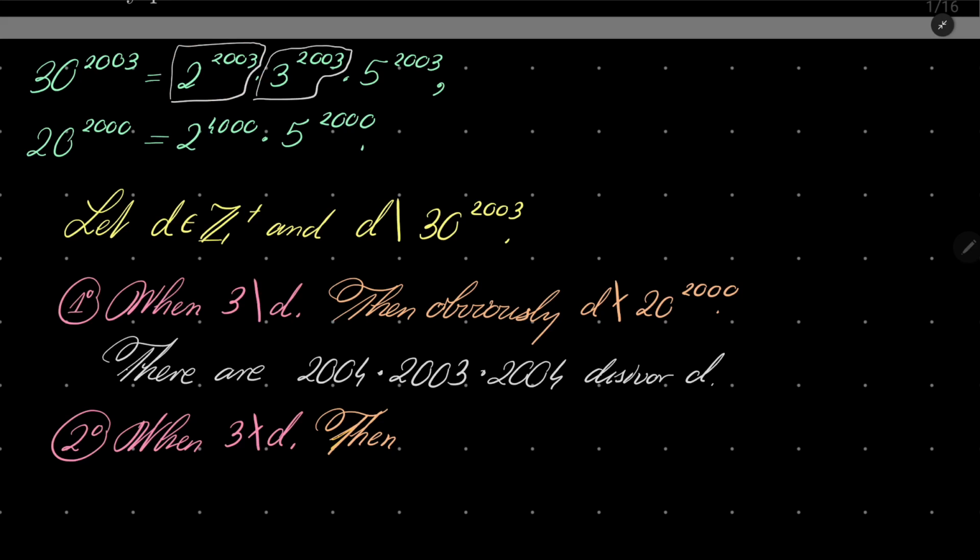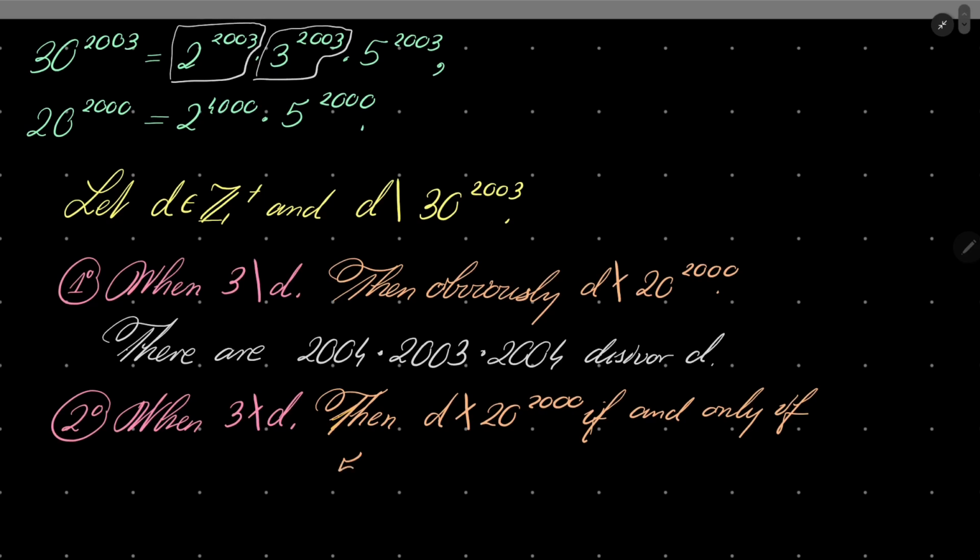So the only possibility that this number D does not divide 20 to the power 2000 is that we have a higher power of 5 than 5 to the power 2000. Then D does not divide 20 to the power 2000 if and only if 5 to the power 2001 divides D.